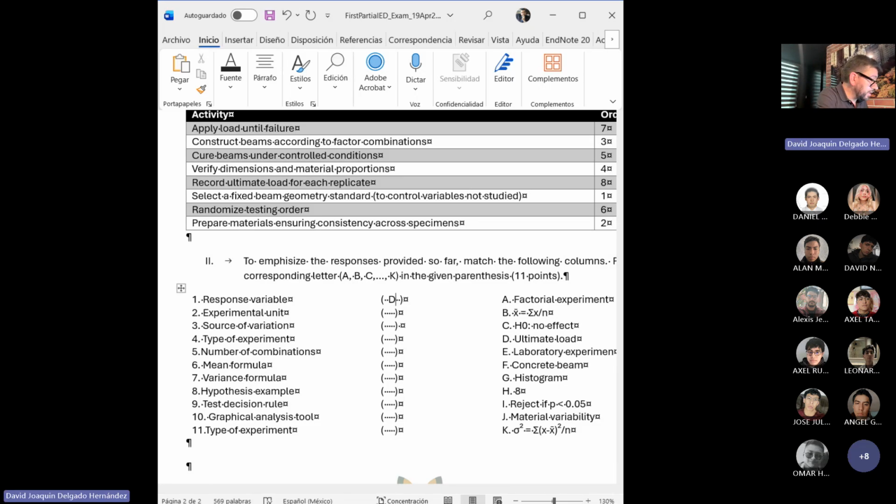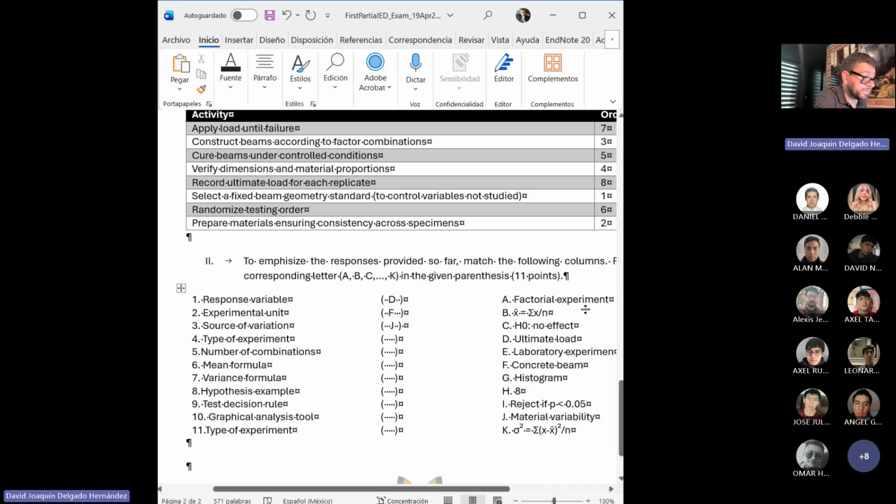The second, experimental unit, in this case, the experimental unit is letter F, which is the concrete beam. Number three, source of variation. You have a material variability, which is letter J. This is the answer.